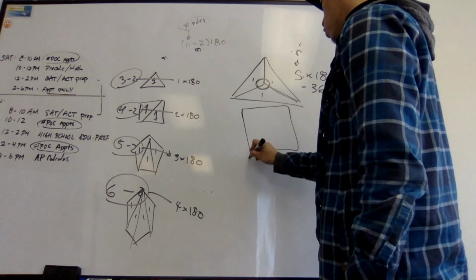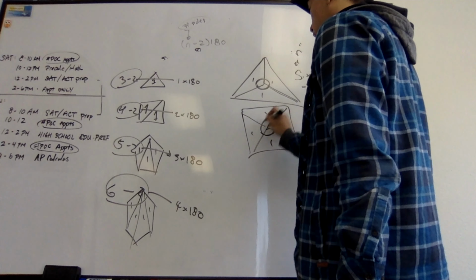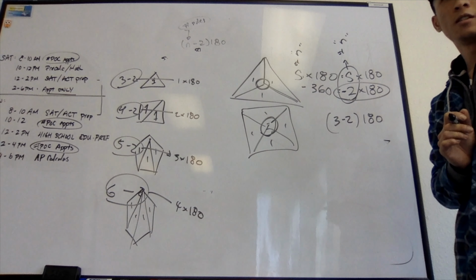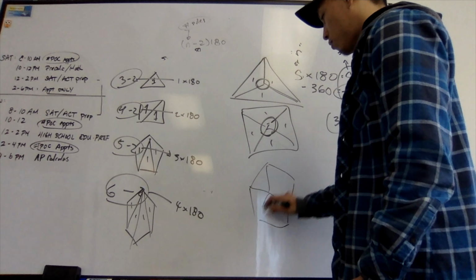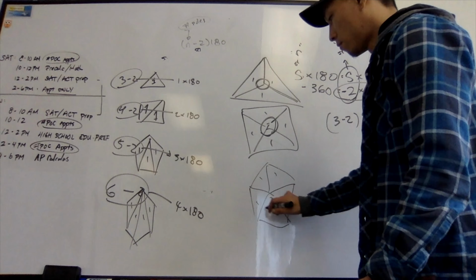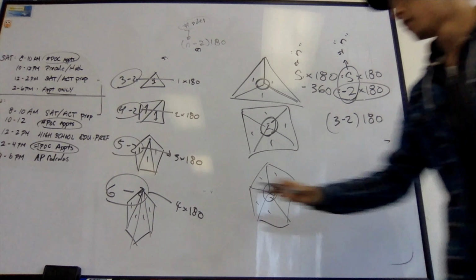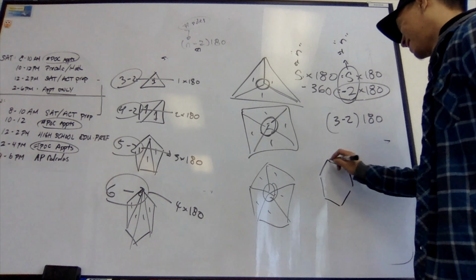Because in a square, I have 1, 2, 3, 4, but I'm subtracting the 2 of the 360. Of my 5, 1, 2, 3, 4, 5, I subtract the same 360. I don't really need to continue, do I? Yeah, no, I got the picture.